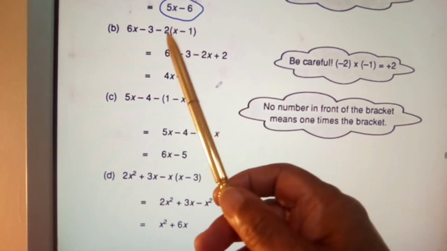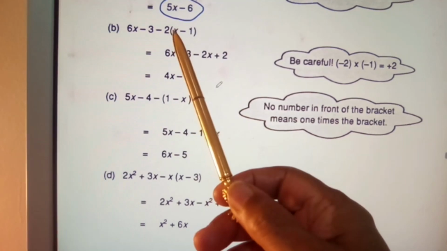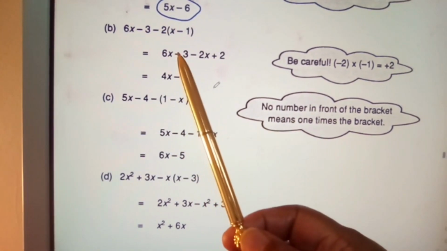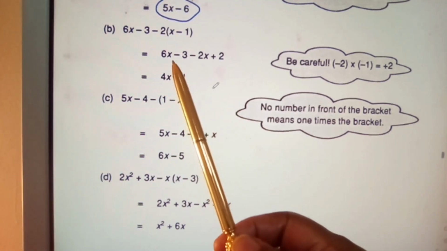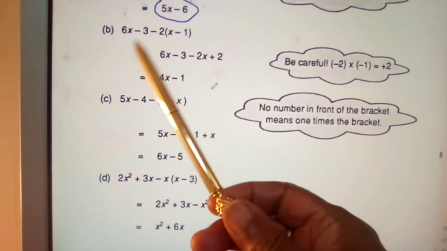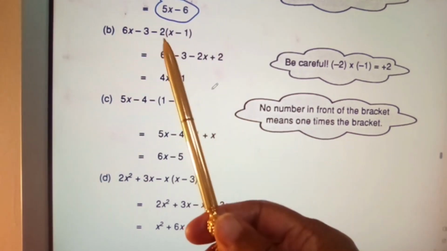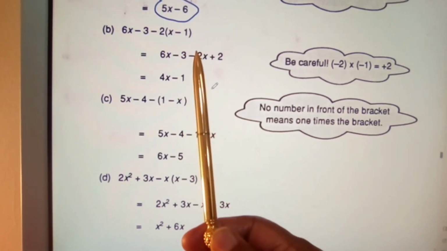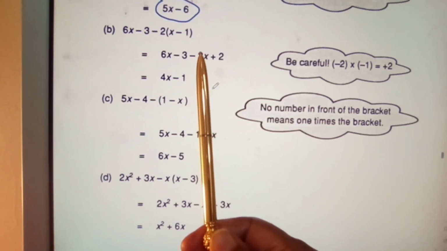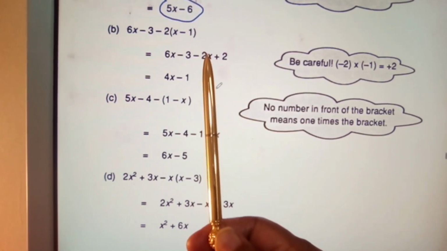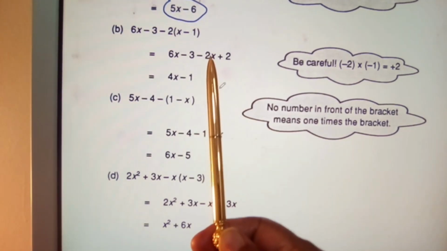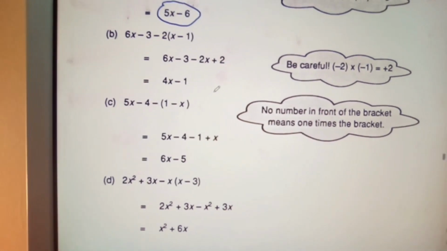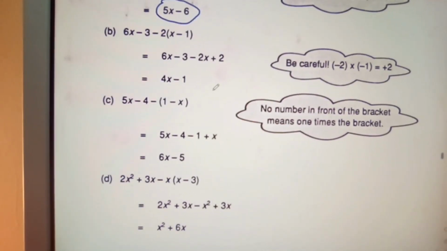I'll take out the brackets. 2 times x is 2x, minus twice 1 is minus 2. Now remember, a minus and a minus makes a plus. So that's what you need to bear in mind. 6x minus 3 minus 2x plus 2.